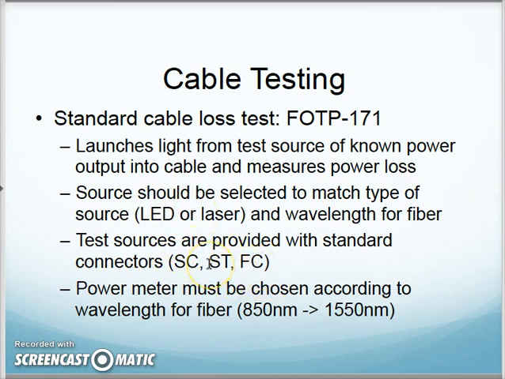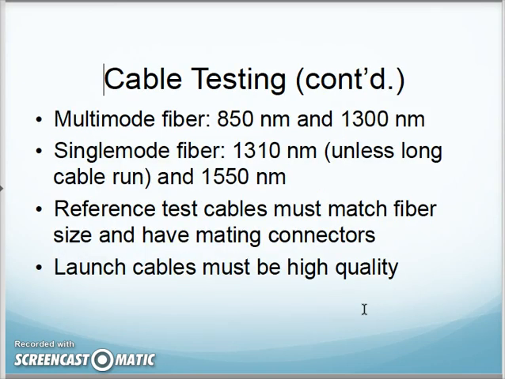Obviously, it has different connector ends for the different types of cables you might be testing, and you choose the wavelength for the particular type of fiber you're testing. So if you're testing multi-mode, and I think I have this on the next page, it's going to test at 850 and 1300. If you're at single mode, it'll test at 1310 and potentially 1550 if you have a really long cable run.